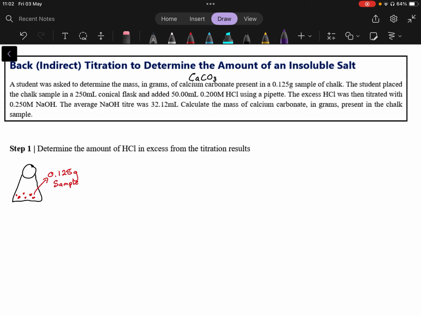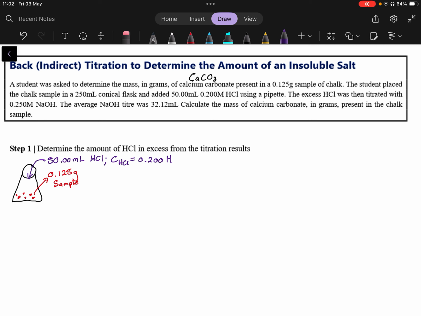And to that, we add 50 milliliters. So we add with a pipette, I'm not going to draw the pipette this time again, 50.00 milliliter of HCl, which has a concentration, let's call it concentration HCl, equal to 0.200 molar. All right, so that's what happens.